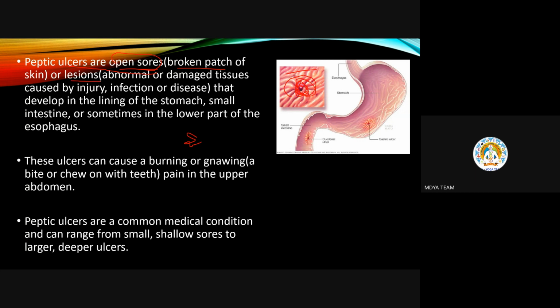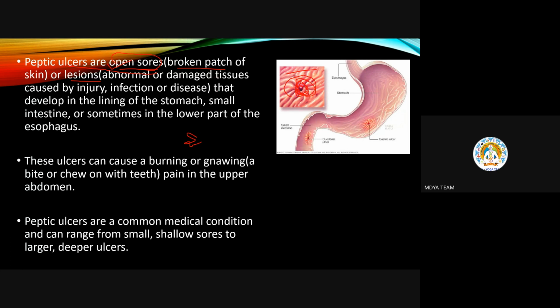What is a lesion? Any abnormal or damaged tissue caused by any injury, disease, or infection is called a lesion. So a peptic ulcer is open sores and lesions, or damaged tissues.